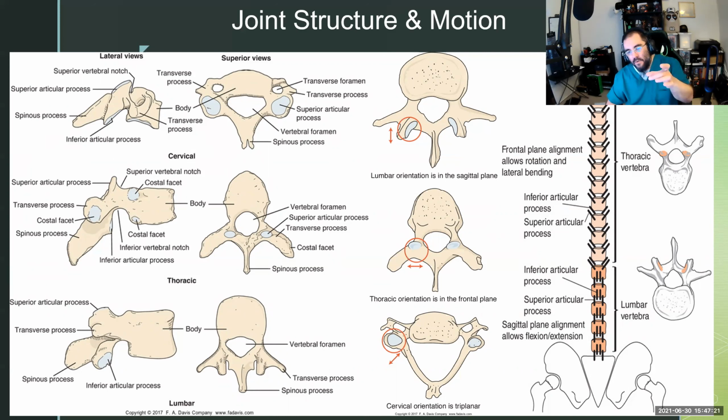The thoracic vertebrae get bigger and bigger until we get down to the lumbar region where the bodies are very large. That's because we're going to start weight bearing through that region, right? The cervical vertebrae only have to carry the weight of the head, which is 8 to 12 pounds, depending upon what source you read and how big your head is.